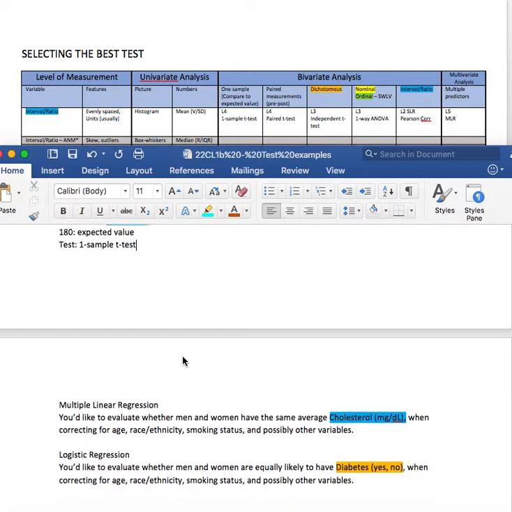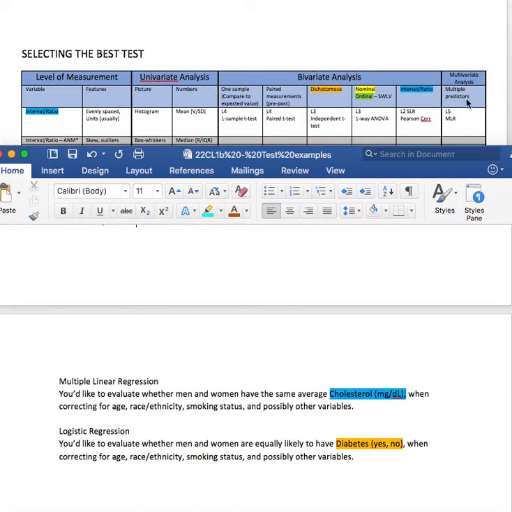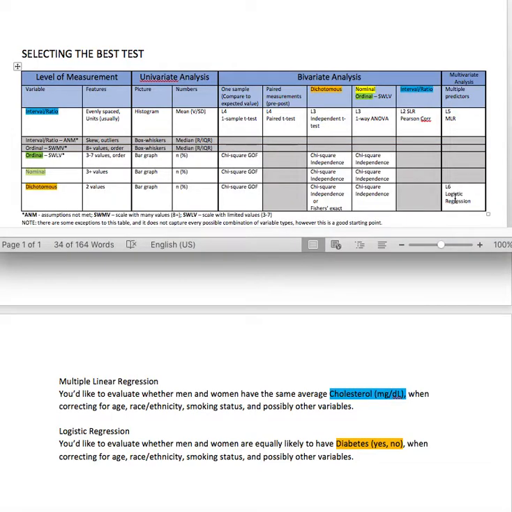Now, I'm not going to go into all of the details of multiple linear regression or logistic regression, but I've given you an example here of what each one of those would look like. And basically, you're taking the same exact scenario that we had above, but then you're adding more variables to whatever it is that we're looking at. And so remember how here we said for the multivariate, we're looking at multiple predictor variables for whatever the outcome is.